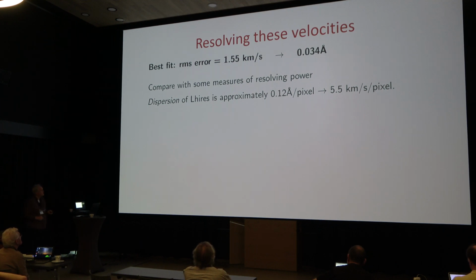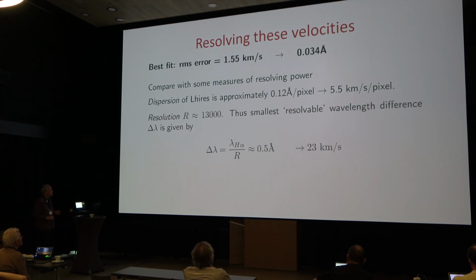The dispersion here is approximately 0.12 angstroms per pixel, so that's 5.5 kilometers per second per pixel. The resolution I've got is about 13,000, and I reckon that makes the smallest resolvable wavelength difference about 23 kilometers per second.